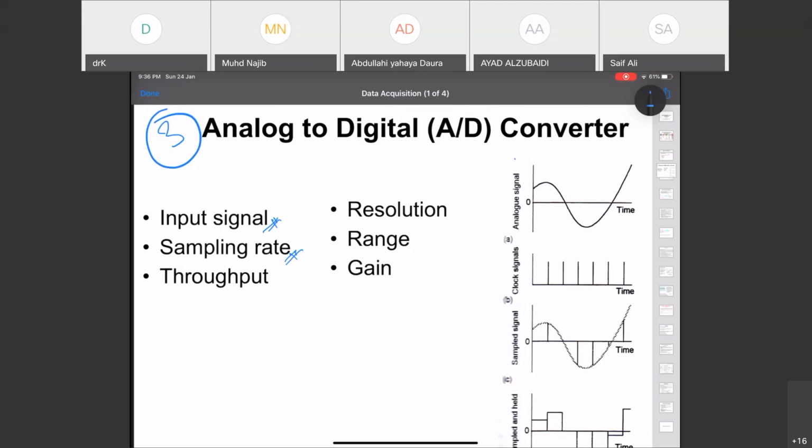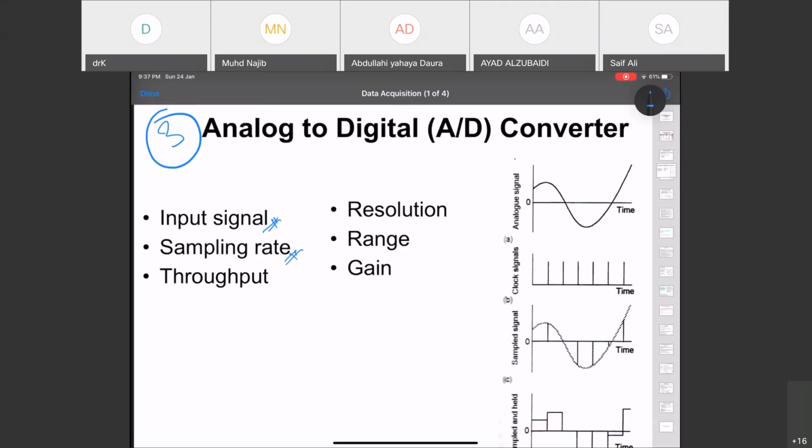If I collect 1 sample a second, my sampling rate is 1 hertz. If I am collecting 10 samples a second, my sampling rate is 10 hertz. So you have to understand this, very important. It shows how many samples you can provide in a period of time.